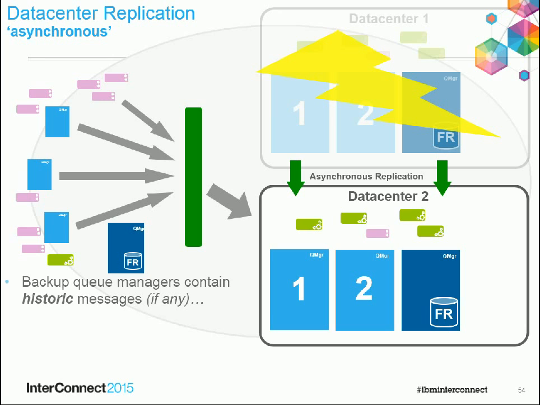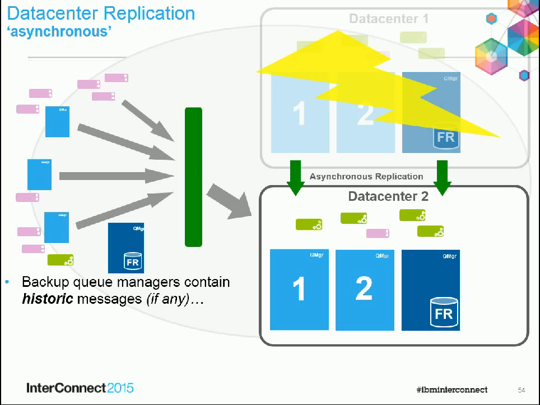All the messages that are on those queue managers have potentially moved backwards. For the queues that you're using in your system, you might have lost the most recent updates, whether adding messages to queues or even taking messages off them. So that's something for you to consider from a DR point of view.